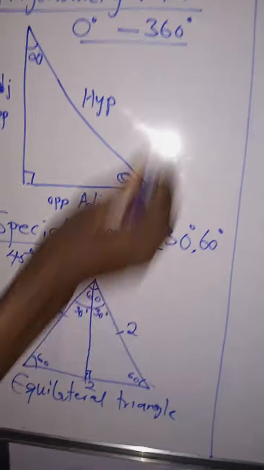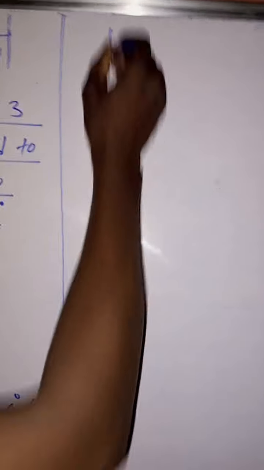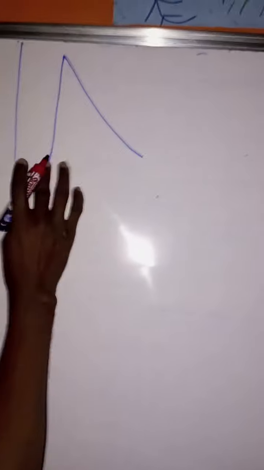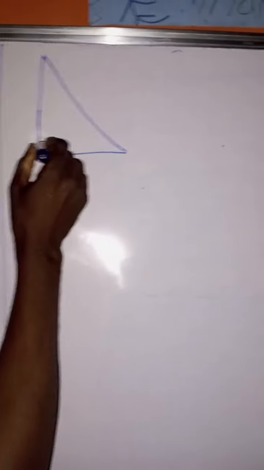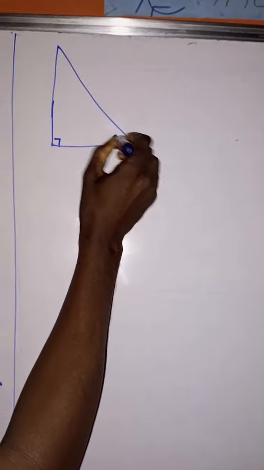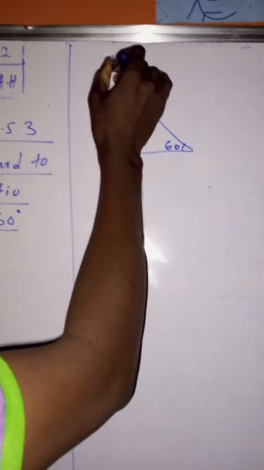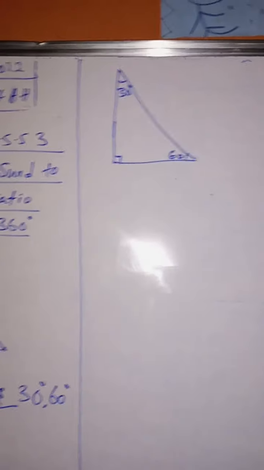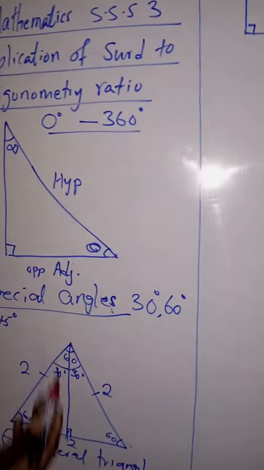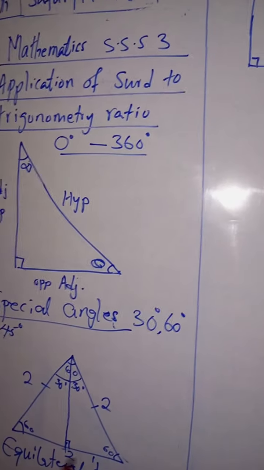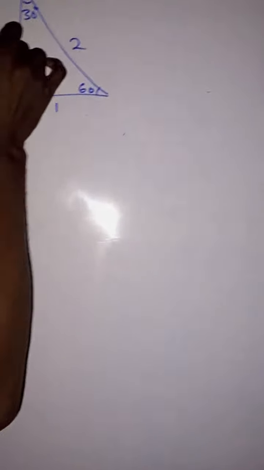So here is 60, and here is 30. We have this side to be 2. Now when we divide it into 2, this side will be 1, this side will be 1. So here will be my x that I'm looking for.